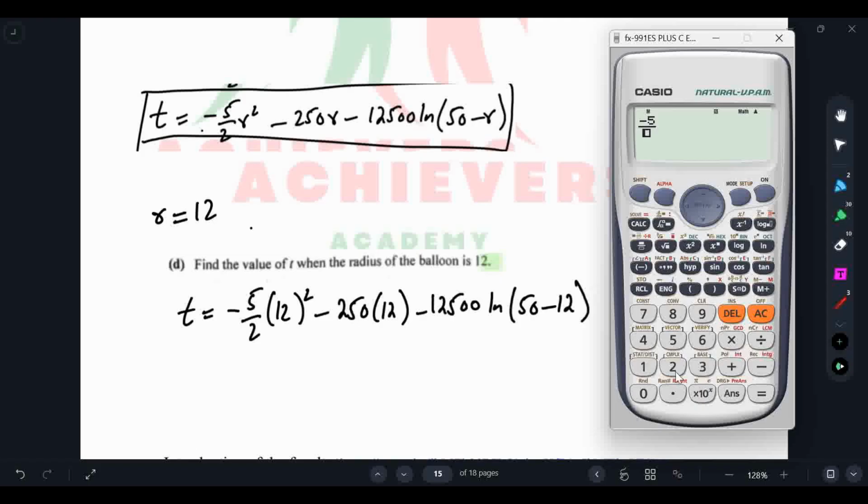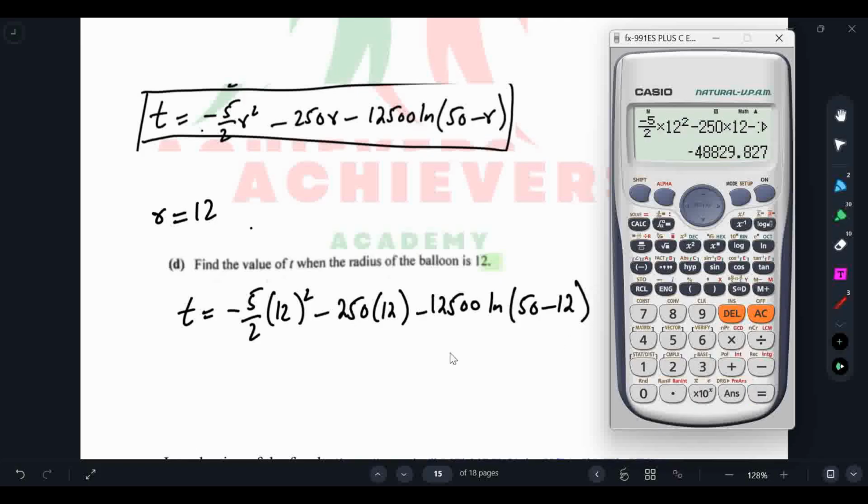minus 5 by 2 multiplied by 12 squared, minus 250 into 12, minus 12,500 into natural log of 38, because 50 minus 12 is 38.